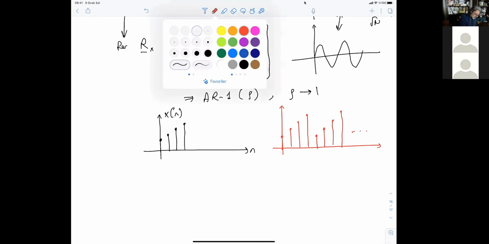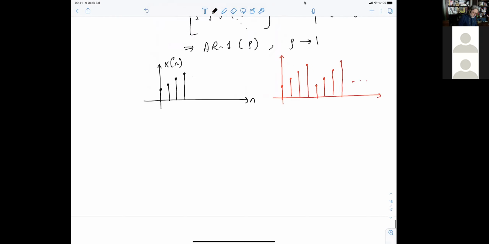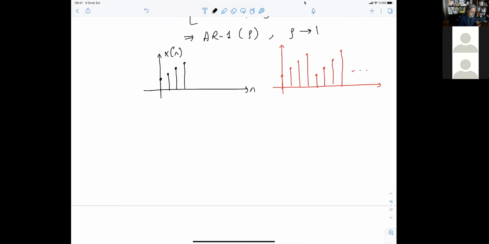But in DCT, we first make a periodic extension of this one, not a periodic extension, but a symmetric extension, because we want to have a symmetric signal so that its discrete Fourier transform will be real, like this.